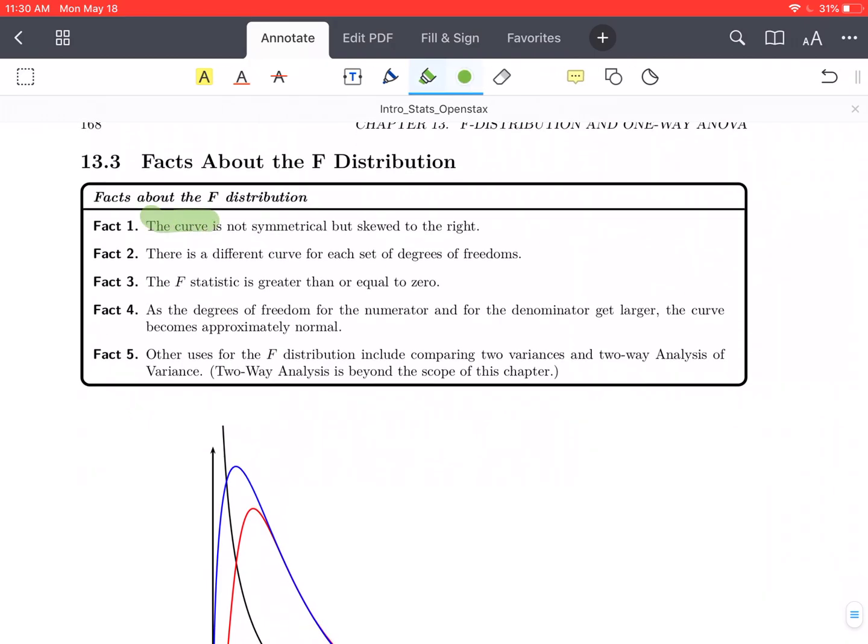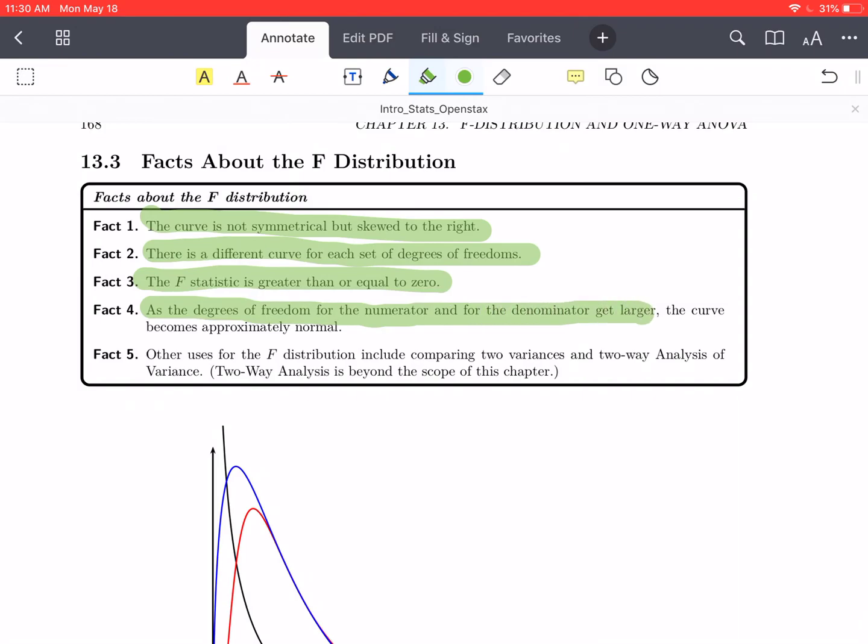So some facts about the F distribution. The curve is not symmetrical but skewed to the right, so it shares that in common with the chi-square distribution. There's a different curve for each set of degrees of freedom. And the F statistic is greater than or equal to 0, so it's always positive. As the degrees of freedom for the numerator and denominator get larger, the curve becomes approximately normal.